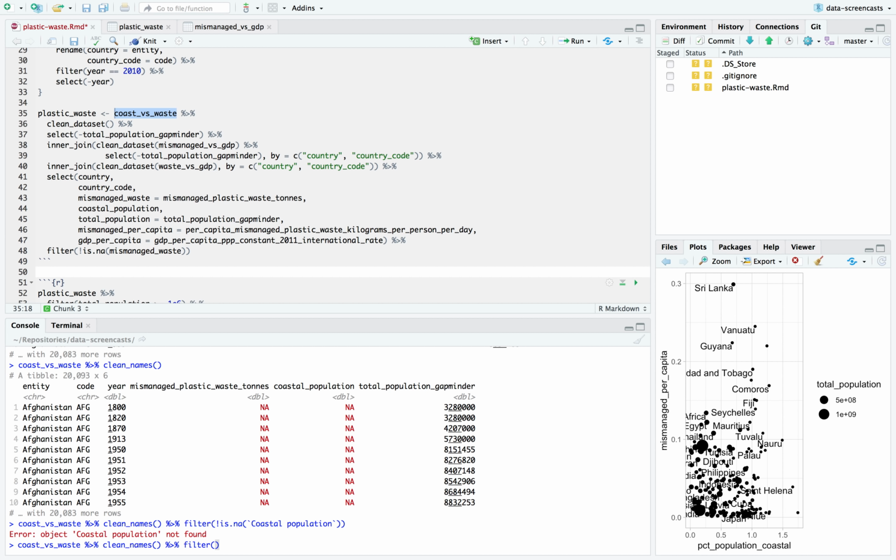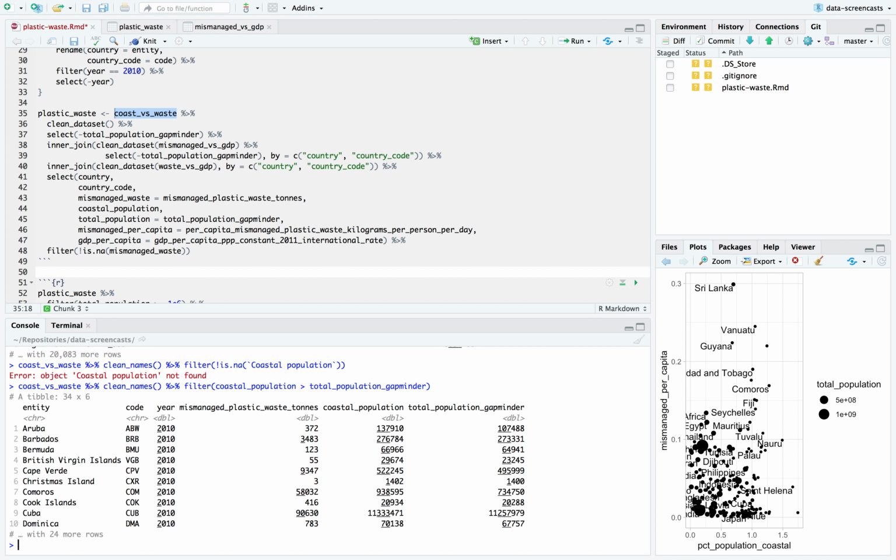If I actually just look for, is coastal population ever greater than total population in Gapminder? Yes. So this is it. Yeah, so this I think is one of the reasons that we didn't. What it says is that Gapminder's sources don't necessarily agree entirely.